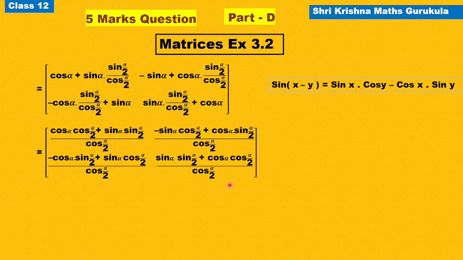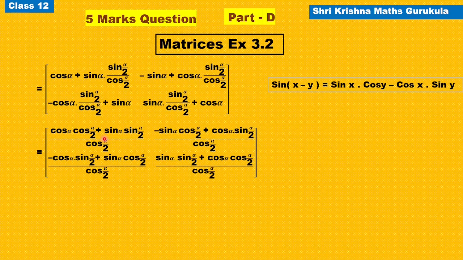Is this clear, students? You already know how to find LCM and simplify. It is the same rule of finding the LCM and simplifying for trigonometric functions also. Just because they are trigonometric functions, the rules of LCM and simplifying do not change. Keep that in mind. You just have to be careful when it is alpha and when it is alpha by 2. There are only two angles, alpha and alpha by 2.